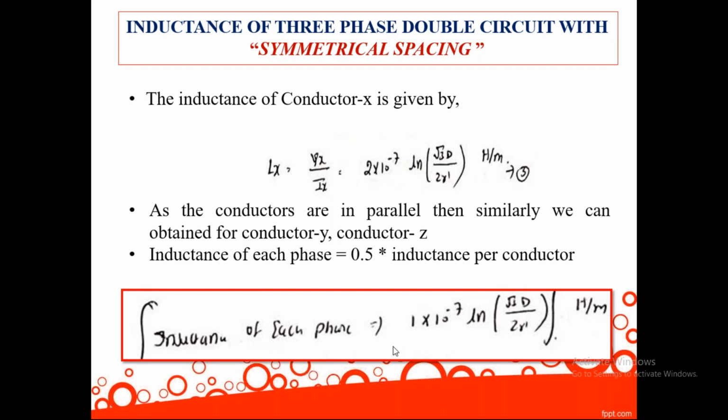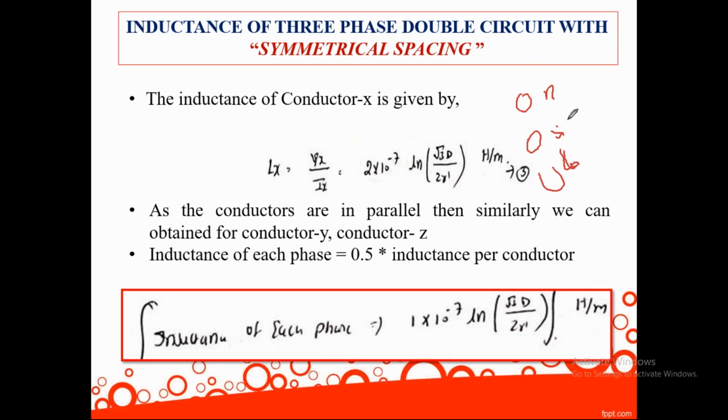When the inductance value is reduced, then automatically losses will be reduced. So for reliability and for more power transfer, we have to use the three-phase double circuit. Here the distance between the conductors will be less, and suppose this is RYB.